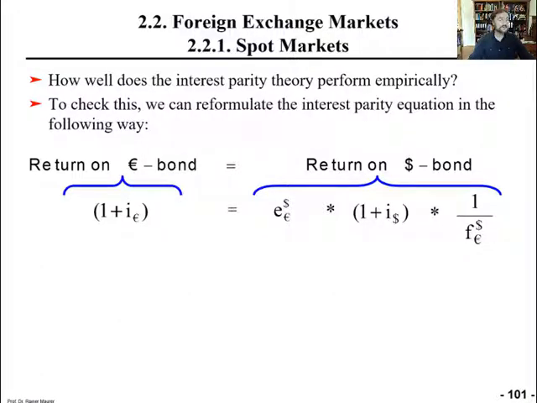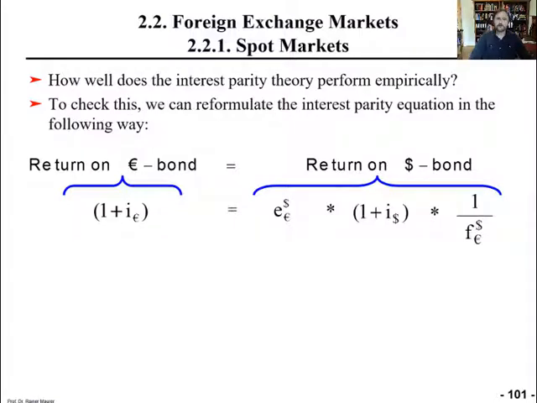So no physical transfer of assets is typically necessary. So from this point of view, the interest parity equation should hold better than the purchasing power parity equation.